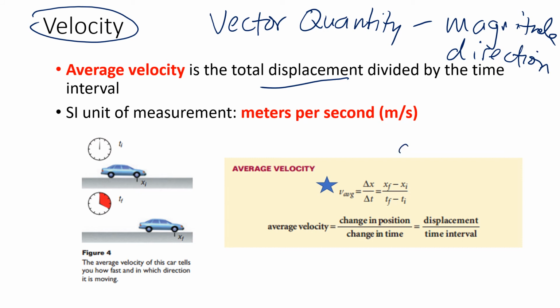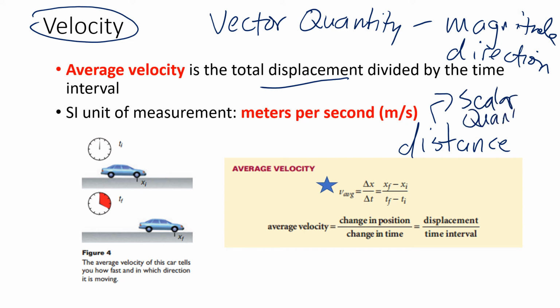Distance, however, is considered a scalar quantity. Scalar quantities only have a magnitude, meaning they have a number value. There's no direction when you look at a scalar quantity.